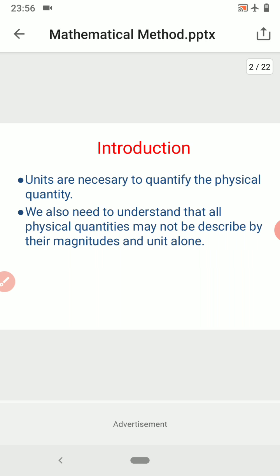So only magnitude or only the unit does not give you the direction of the man.